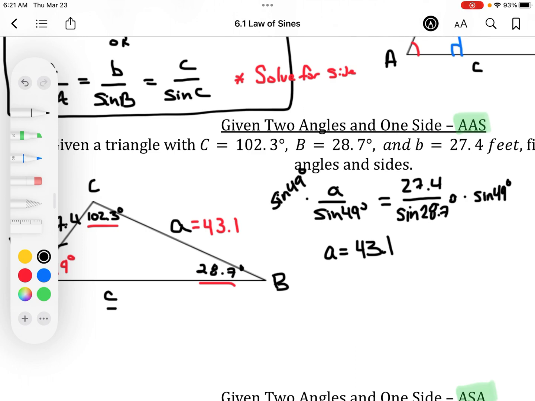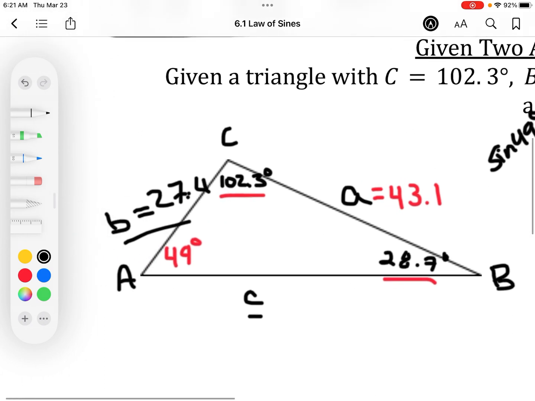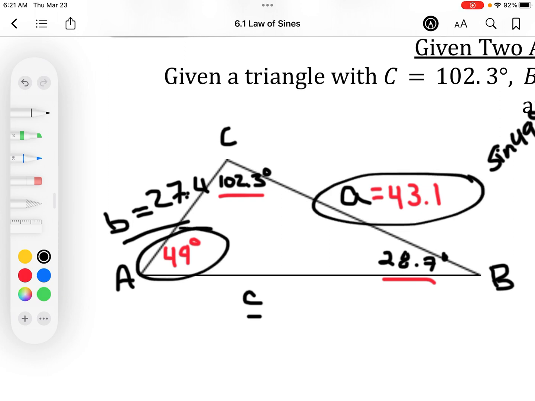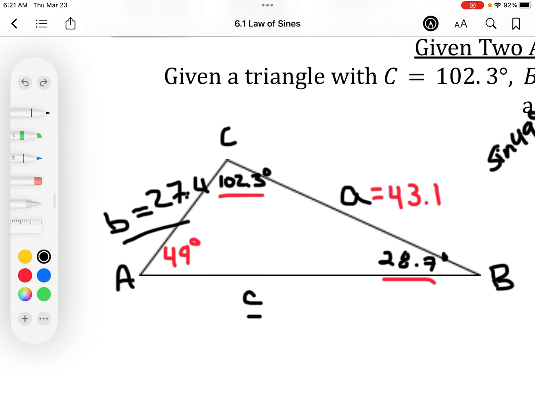And then we're just missing one more side, and it's side C. My other suggestion is I would use this same proportion when we go to C. And the reason why is if we screwed up either of these red answers and we use those in the proportion in the law of sines, then we would get C wrong.